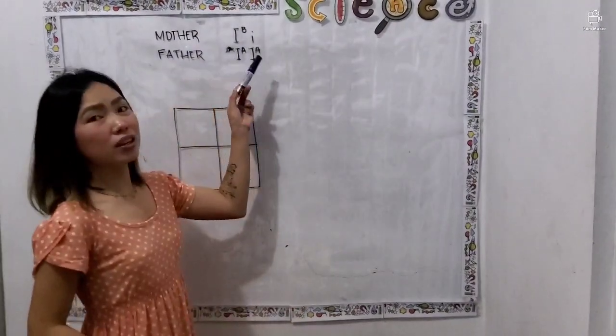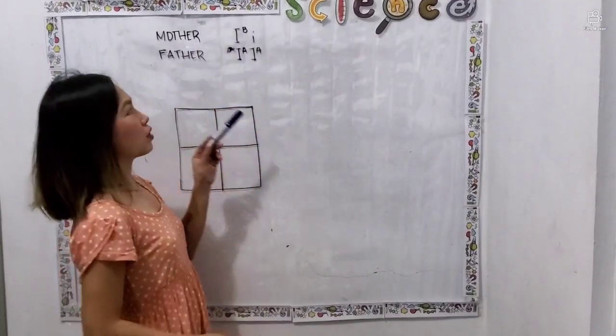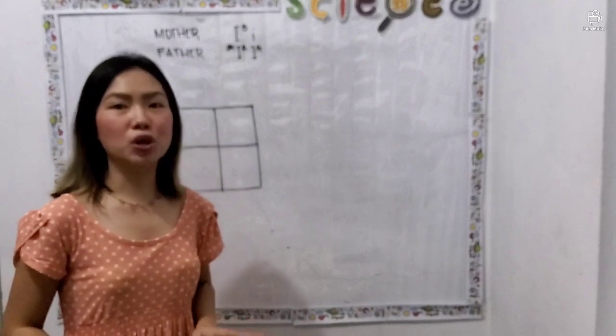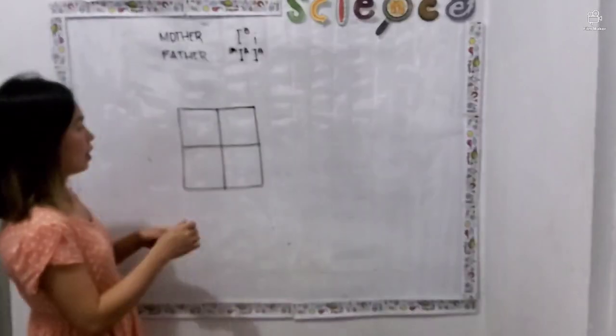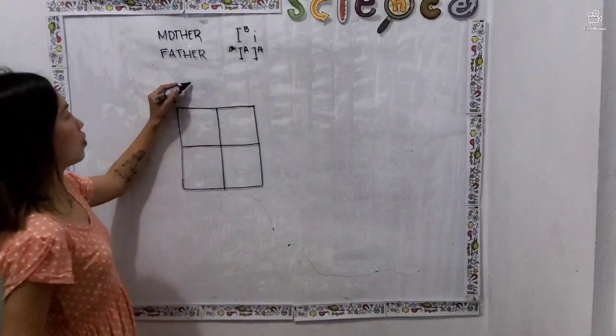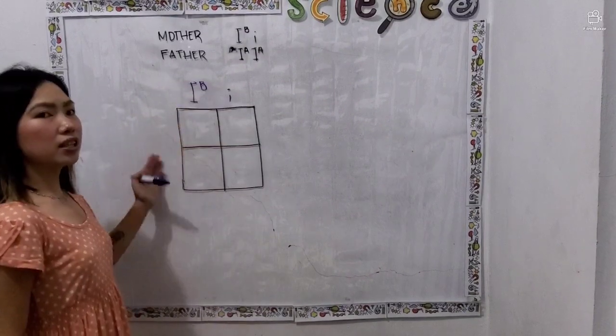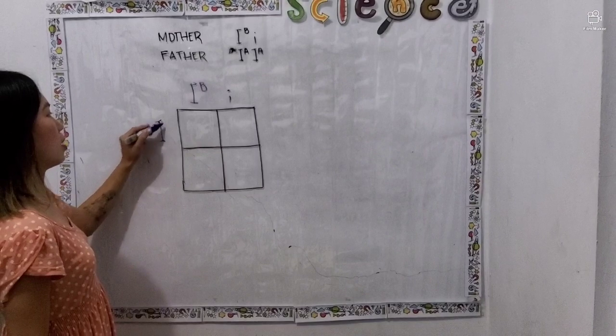A mother with a heterozygous blood type B is married to a homozygous blood type A, and let us identify their offspring. At the top, let us put the mother of heterozygous blood type B, and on the side is the homozygous blood type A father.